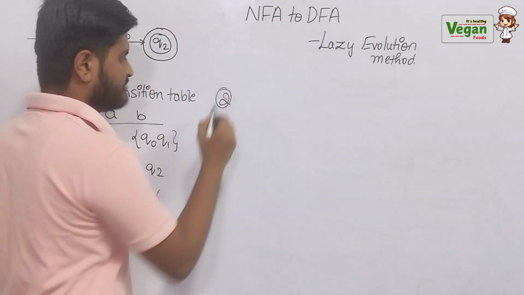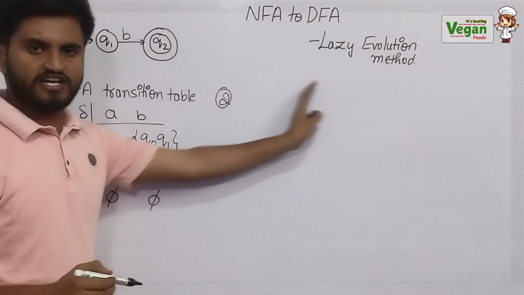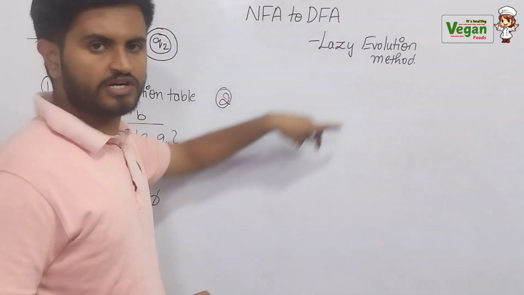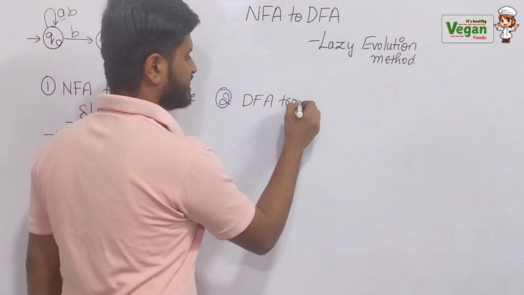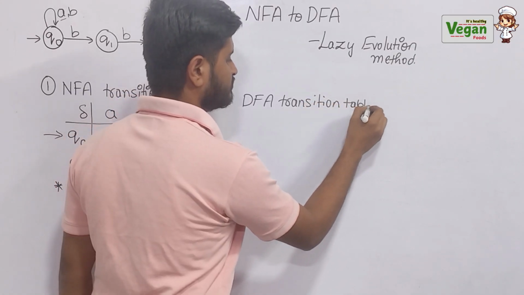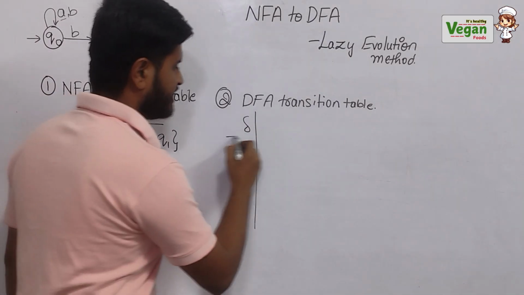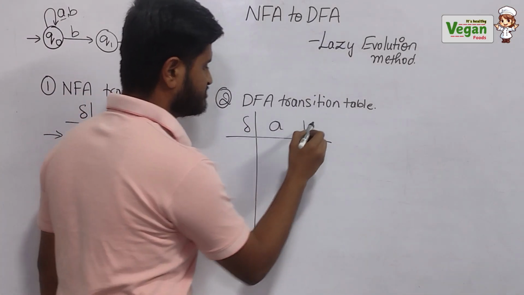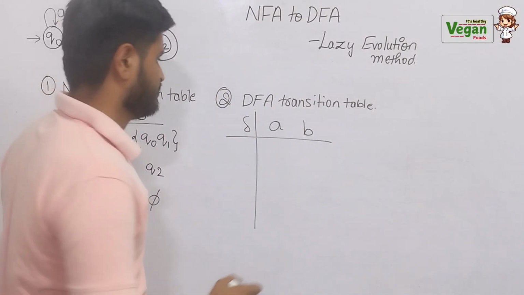Now in the second step, using this NFA transition table, we will be writing the DFA transition table because we are converting now. So write the DFA transition table. This will also be represented using delta only, and here also we are using the input symbols which were in the NFA transition table.